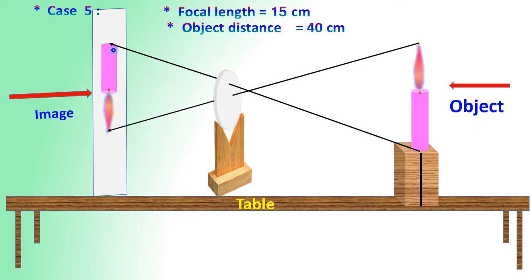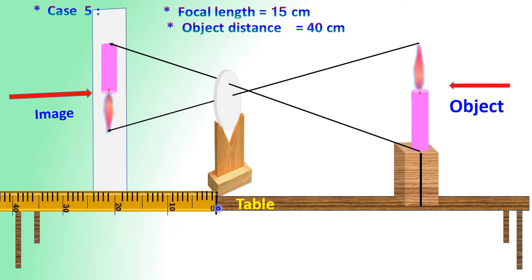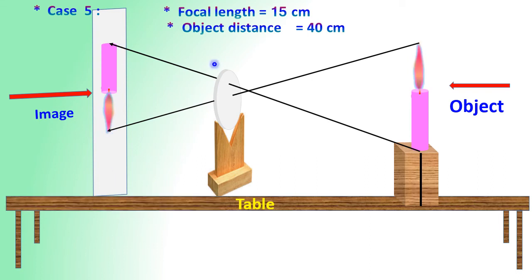These are the two rays. Now let us measure the distance of the image. Here it is 24 centimeters. So when the object is placed at the distance of 40 centimeters from the lens, the image has been formed on the other side of the lens at the distance of 24 centimeters.